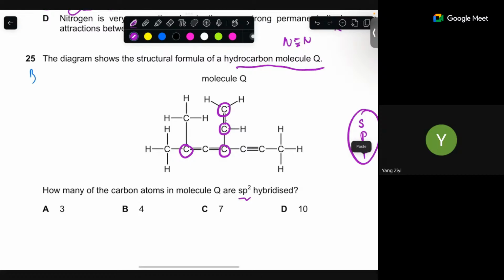So total 4. You can see over here, there are total 4, which is going to be B. Okay, B will be the answer.